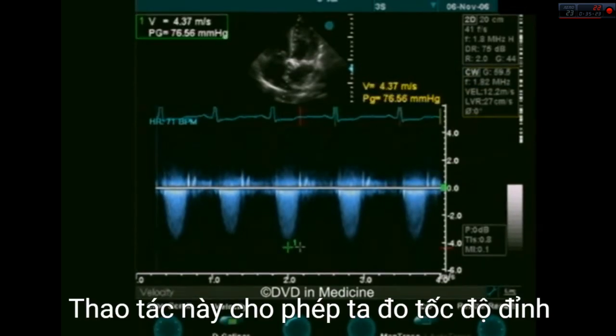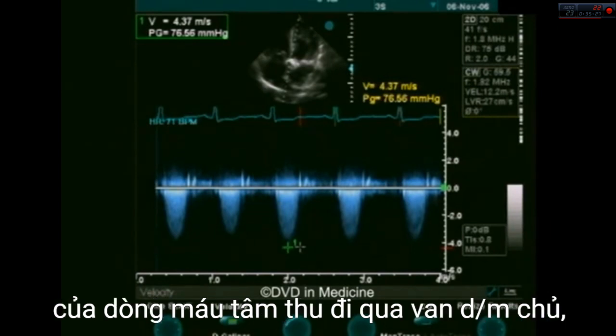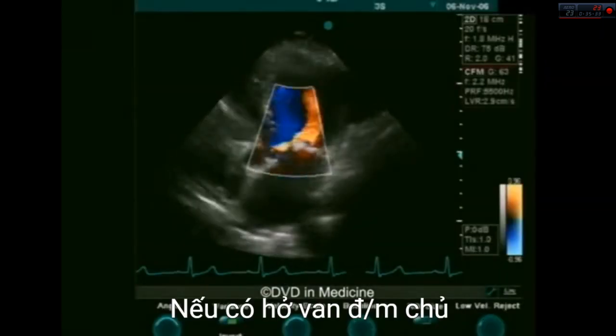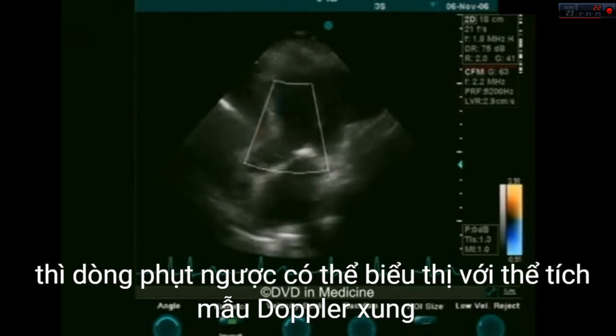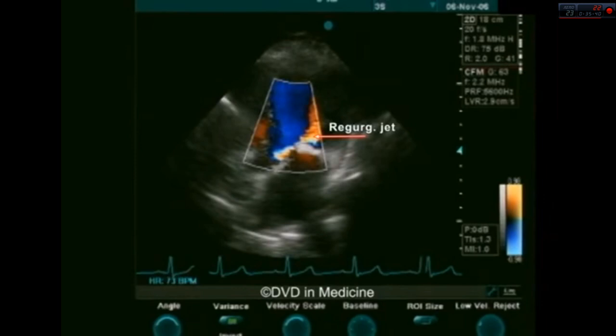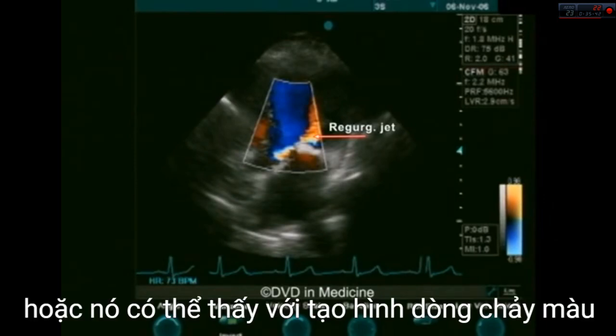This procedure allows one to measure the peak velocity of systolic blood flow through the aortic valve and to calculate the maximal pressure gradient. If the aortic regurgitation is present, the regurgitant jet can be mapped with a pulsed Doppler sample volume, or it can be seen with color flow Doppler imaging.